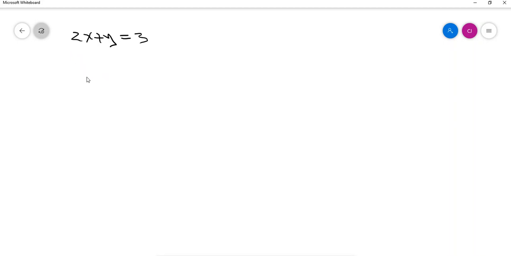You could start out and say 2 times 0 plus y equal to 3. That's 0, and you get y equal to 3. So we have this ordered pair: x is 0, y is 3. Okay, so on a graph, when x is 0, y is at 3.